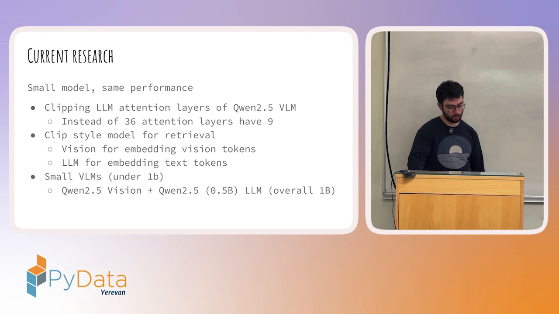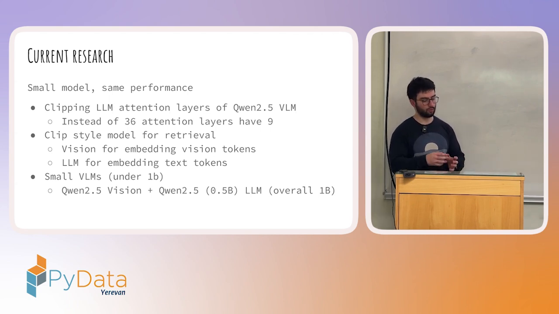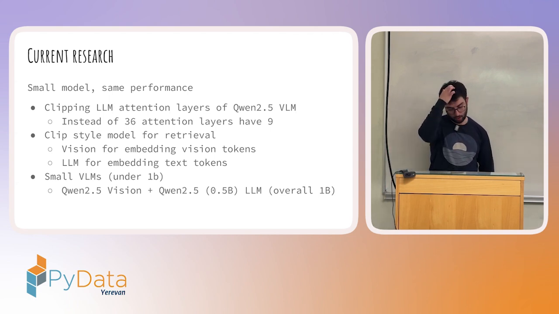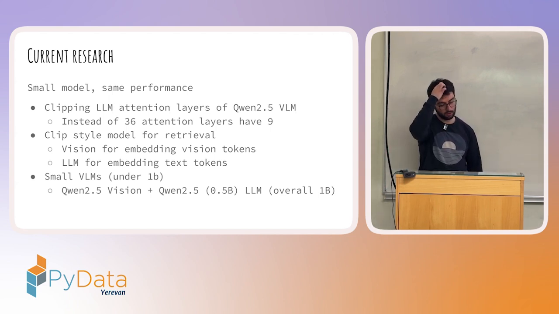And we also tried to train even smaller VLMs. For example, we connected the Qwen 2.5 vision model with the Qwen 2.5 LLM. There is a vision model Qwen 2.5 3B, but there is no vision model with this small LLM. So this is just a vision encoder and LLM connection, and it's also giving good results.